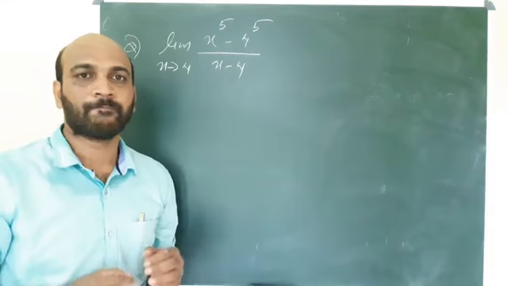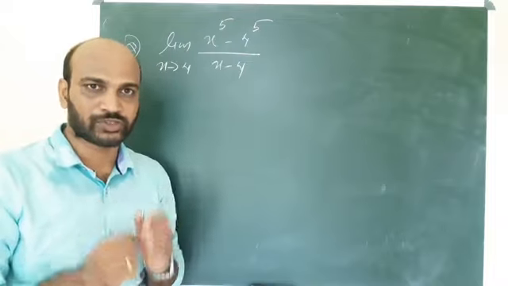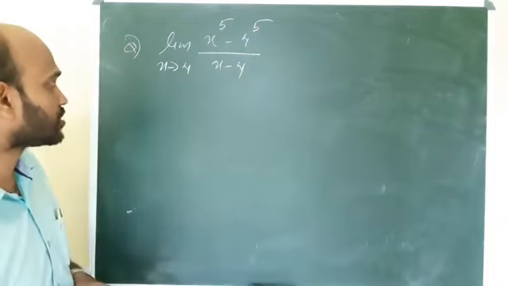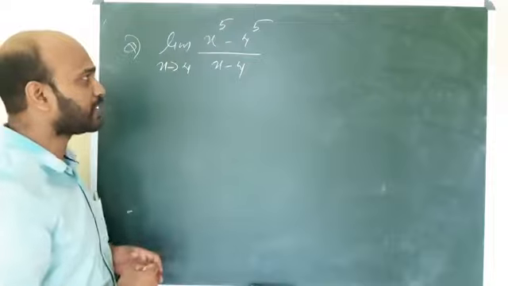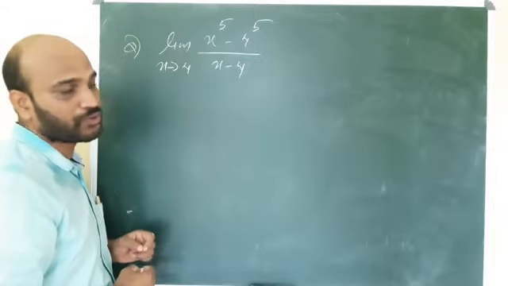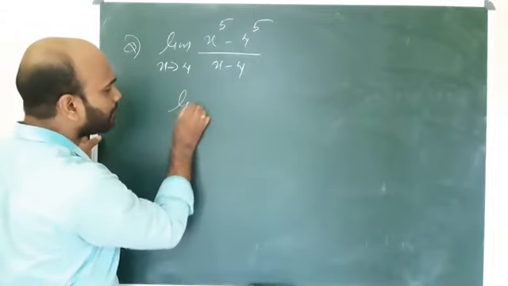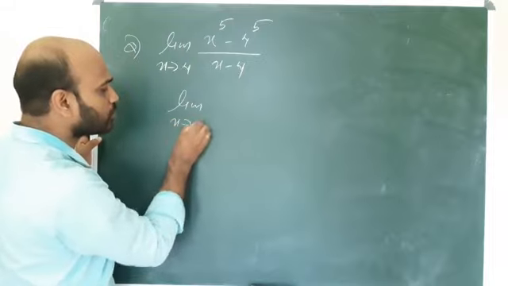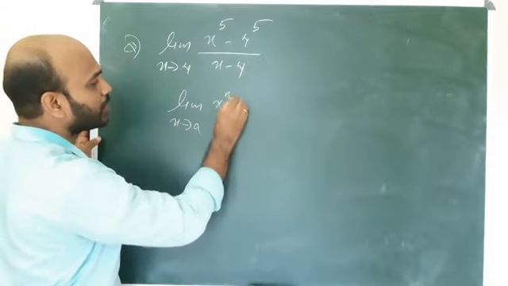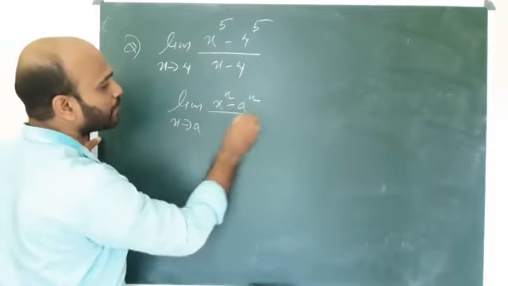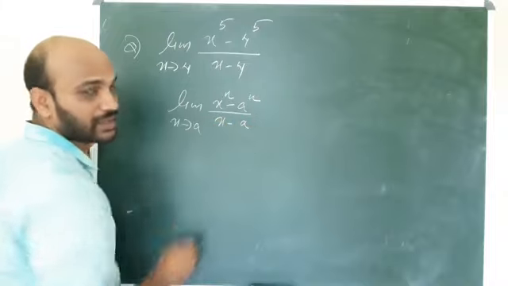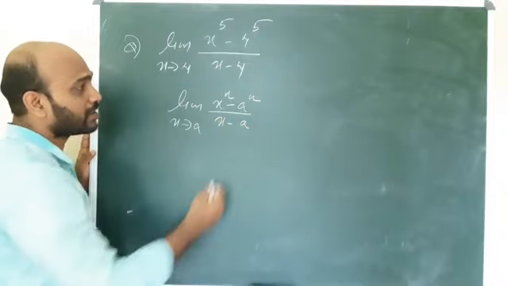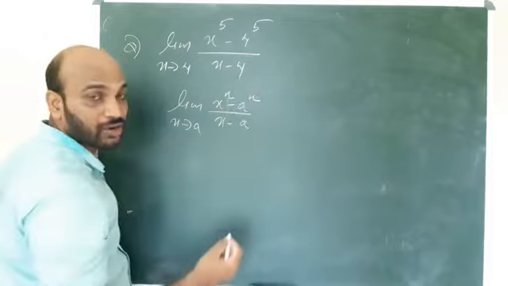By using the formula, we can do some more questions. First question, limit x tends to 4, x raised to 5 minus 4 raised to 5 by x minus 4. You just have to apply the formula, limit x tends to a, x raised to n minus a raised to n by x minus a. Just compare. n equal to 5 and a equal to 4.